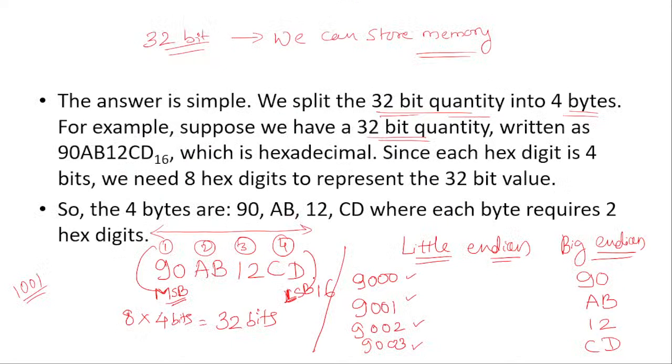What is the least significant byte? CD, in the lowest address. After that comes 12, after that AB, after that 90. Okay. I hope it is clear.